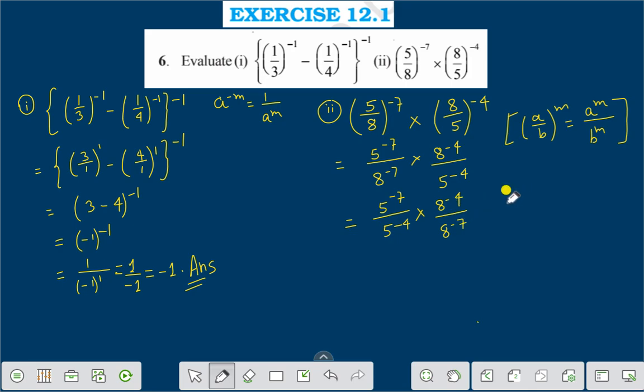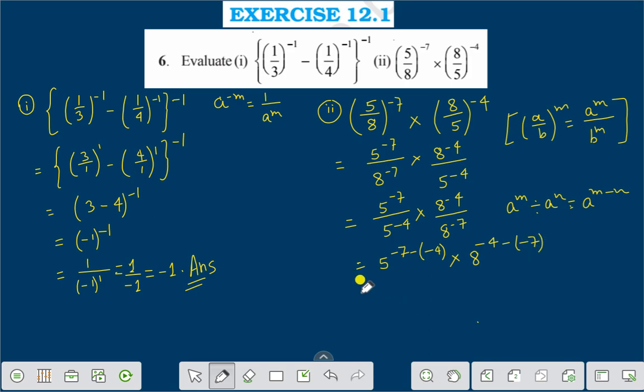Here we will apply the formula, that is a to the power m divided by a to the power n is equal to a to the power m minus n. Right? We'll apply this formula here, that is 5 to the power minus 7 minus of minus 4 into 8 to the power minus 4 minus of minus 7.